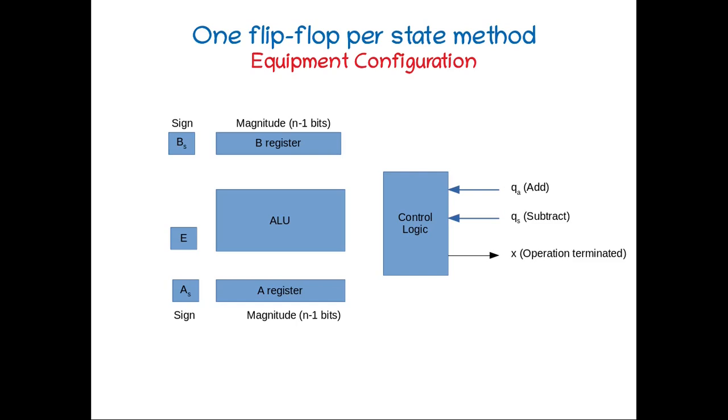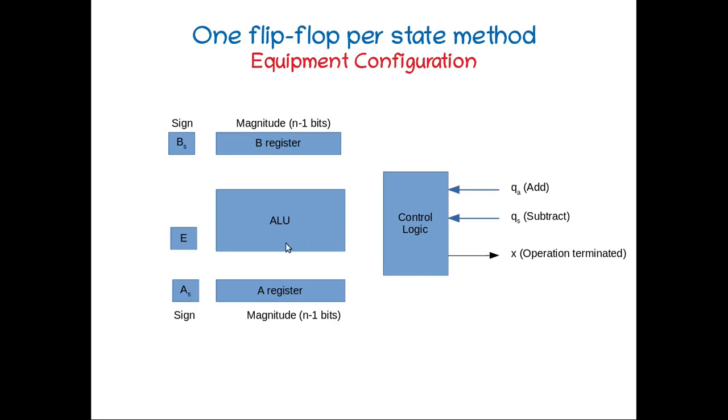So we have a B register, and a sign magnitude representation is used for the B register. This one is the magnitude of the B register, and this one is the sign bit. BS is the sign bit. Similarly, in the A register, n-1 bits are used for magnitude, and this one is the sign bit corresponding to the A register.